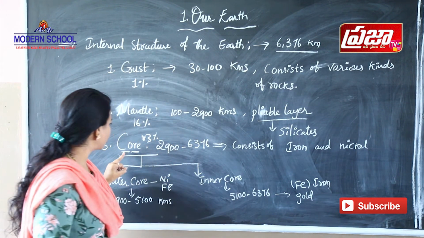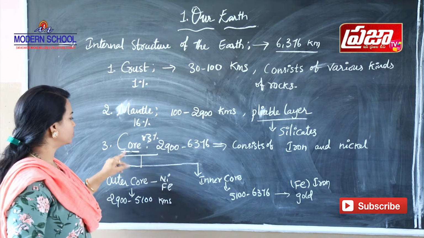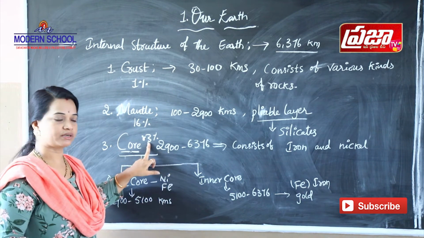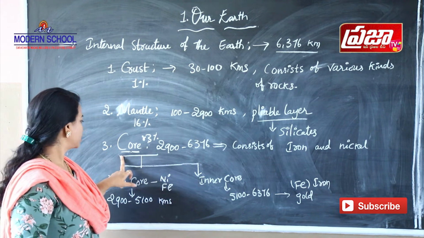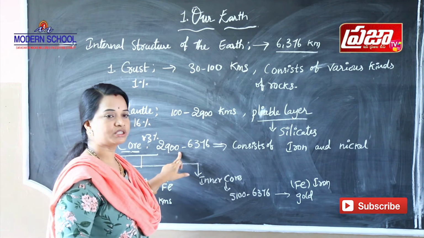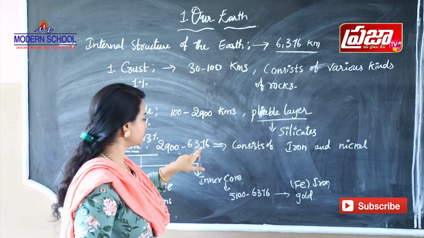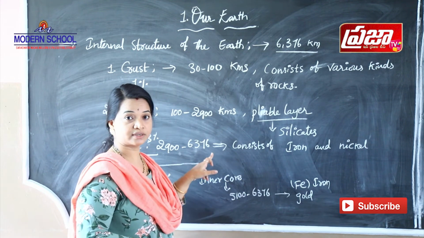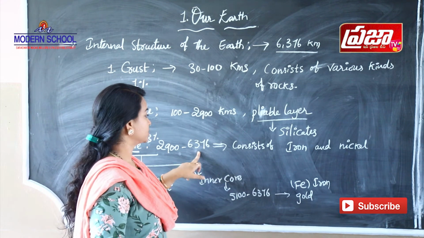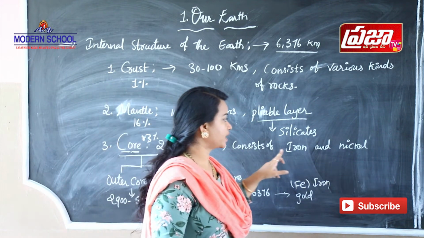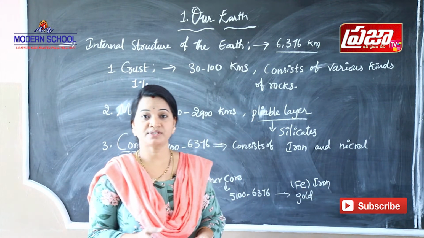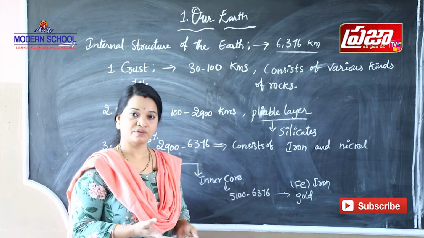And now coming to the core, it is about 83% of the earth's radius, and it is from 2900 kilometers to 6376 kilometers, and it consists of iron and nickel, heavy substances that went down, as we have discussed.